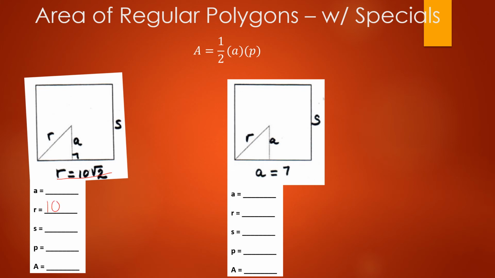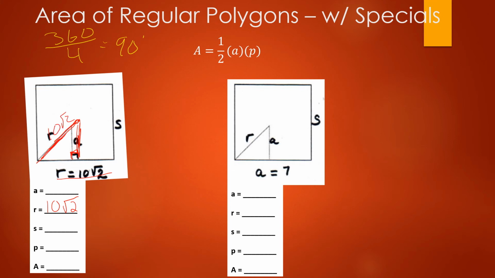It's 10 root 2. And in a square, it's going to be 360 over 4, which is 90 degrees. So again, move this over a little bit. But this is what that's going to look like, and this is 10 root 2.